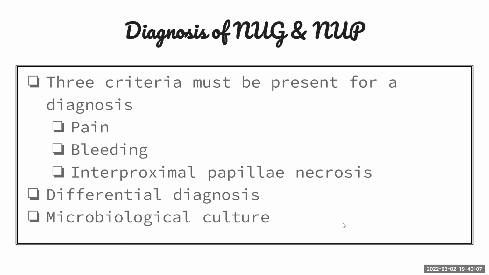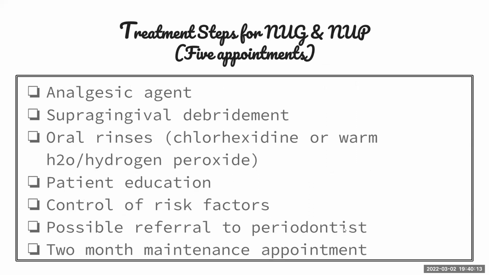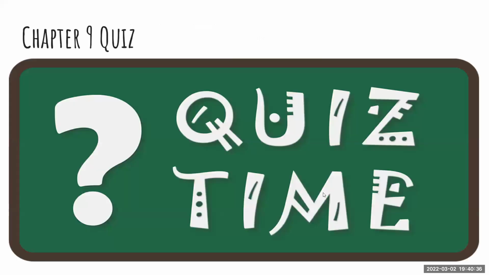Primary herpetic gingivostomatitis would be one of them. Treatments, review that. We do what the patient can tolerate. We want to get them out of pain first and then slowly debride. For a NUG, it's not always calculus driven, it's more of a soft tissue plaque biofilm driven. So they've just got a lot of stuff.